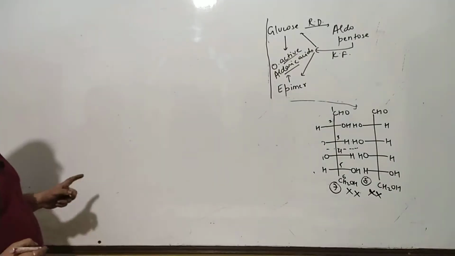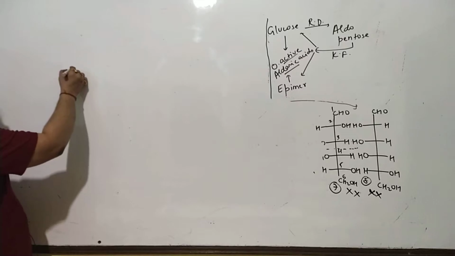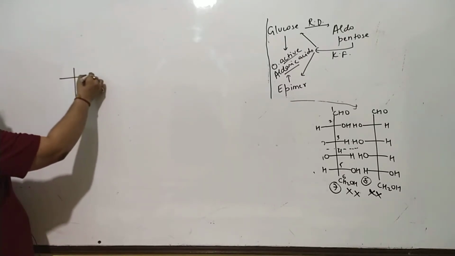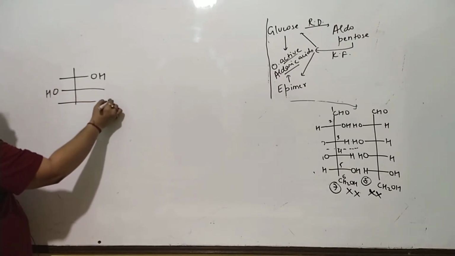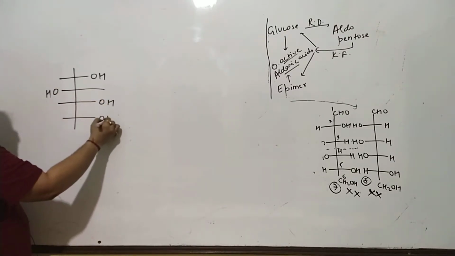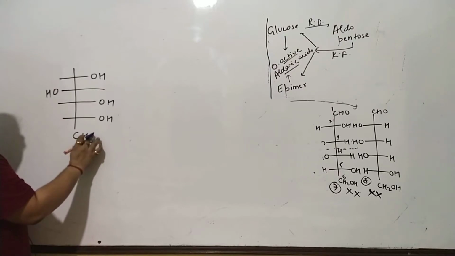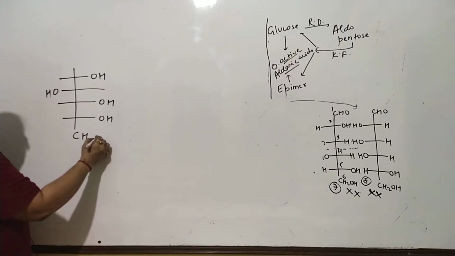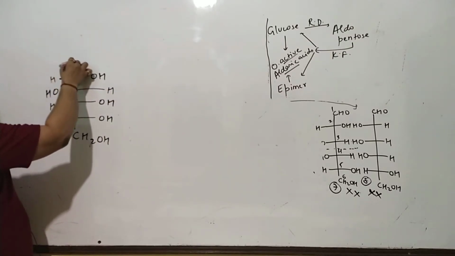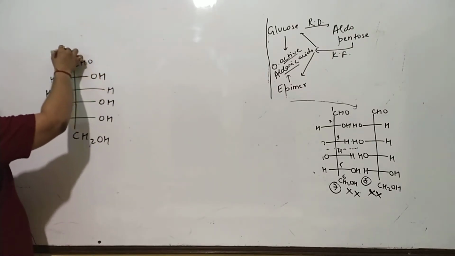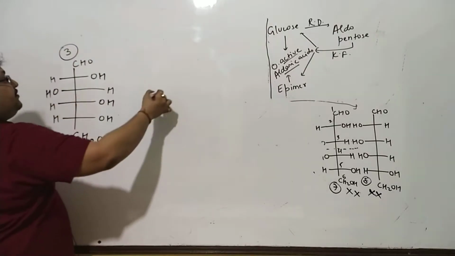Till step 3, we concluded that it is either this, which was structure 3, or its C2 epimer.